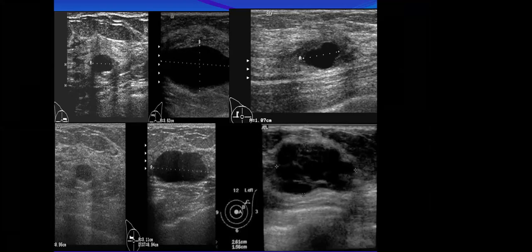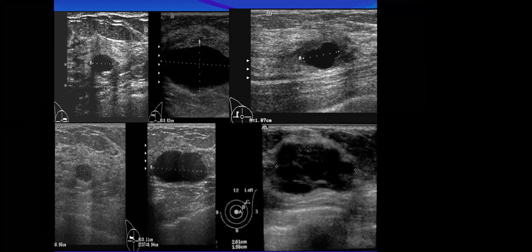Yalla, quickly, the time is over. This one is the one you are pointing at. What about this one? It is complex. It's not a simple cyst. So this is complex, so it should be BIRADS 4. Yes, 4. Complex is BIRADS 4.